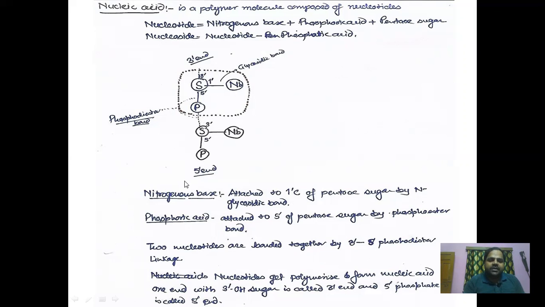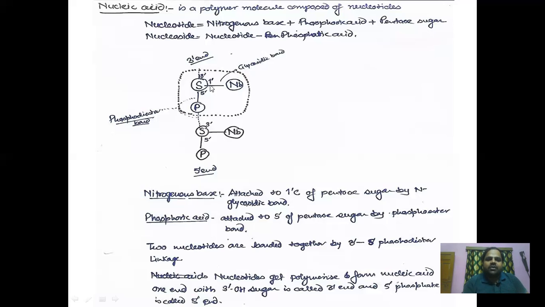The nitrogenous base is attached to 1 dash carbon of the pentose sugar by an N-glycosidic bond. We can see here the nitrogenous base is attached with this sugar at 1 dash carbon through a glycosidic bond.